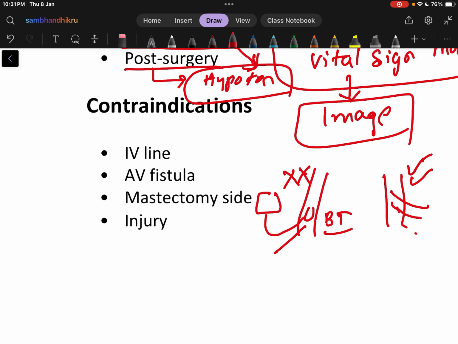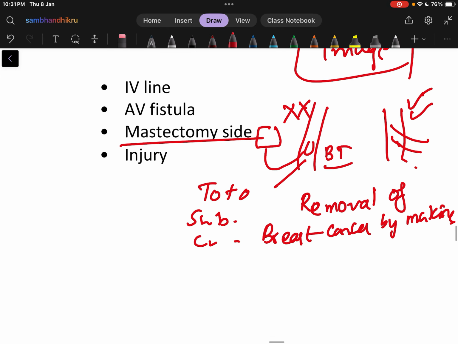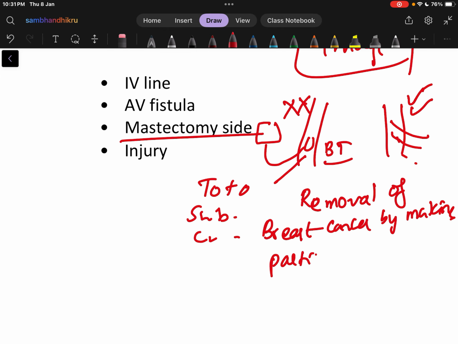Okay, next, mastectomy side. What does it mean? The breast, due to total mastectomy, subtotal mastectomy, or partial mastectomy. What is mastectomy? Removal of the breast cancer by making a partial or complete incision; that is nothing but mastectomy, right?